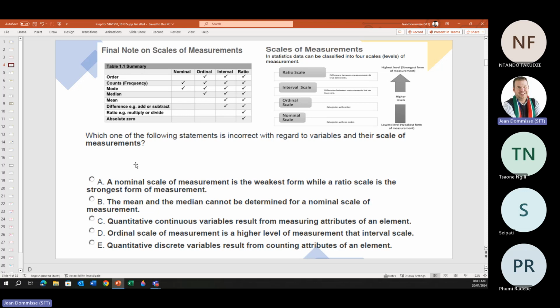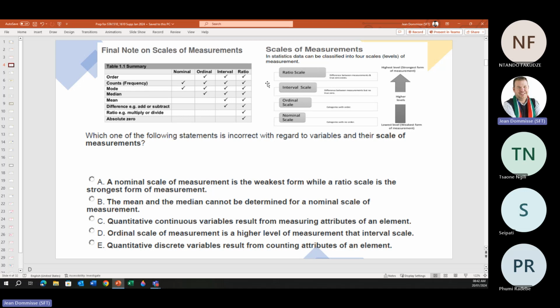And if you want to look at what your variables can do, if you have a nominal variable, you can only do two things. If you have ordinal data, you can do more. You can add your median and mode. If you have interval, you can do more. And if you have ratio, you can do much more. That's why ratio will be the highest.